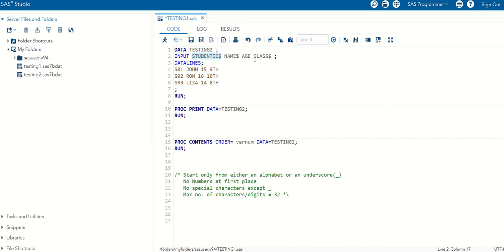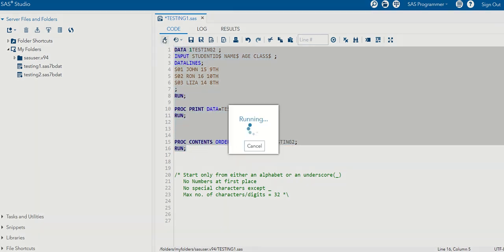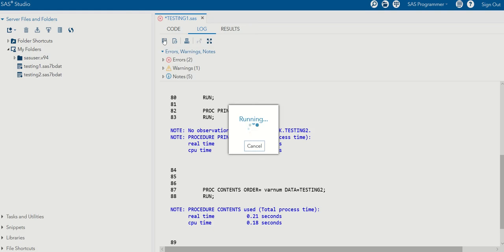So the first one is these names should always start with an alphabet or an underscore. So if I don't write an alphabet and I write a number, and then I try to print it, run it, maybe submit it, you'll see it will give an error.